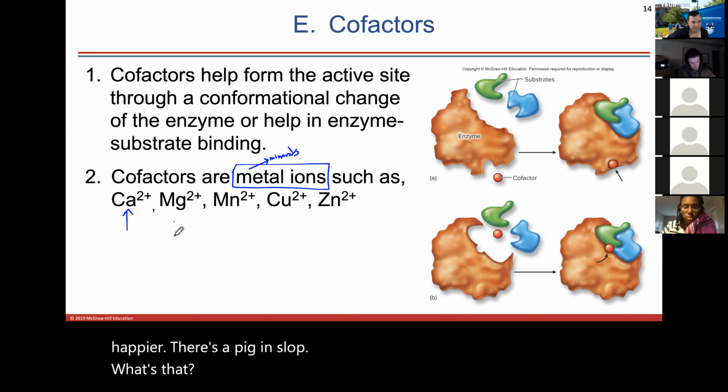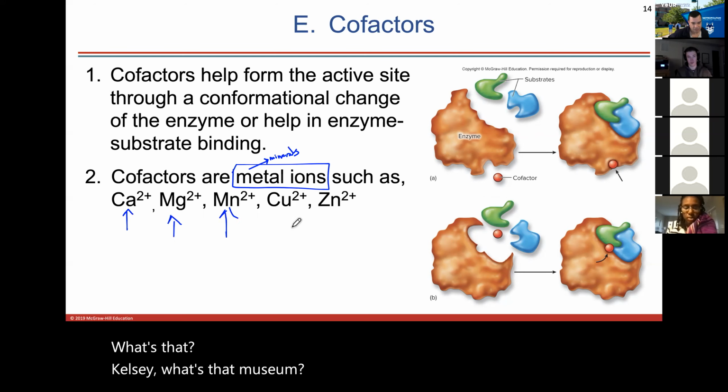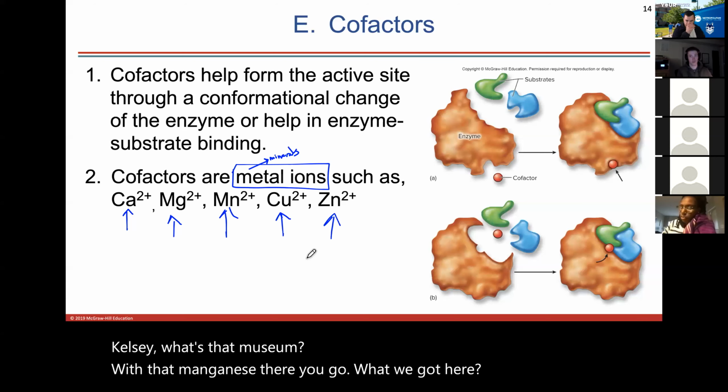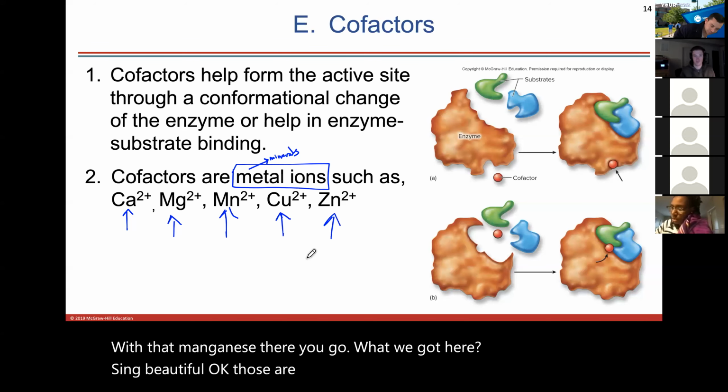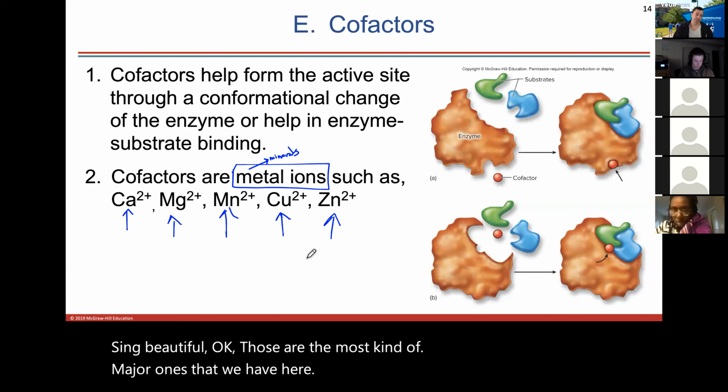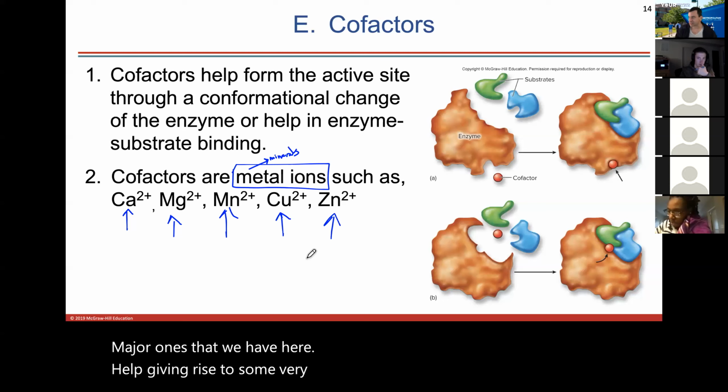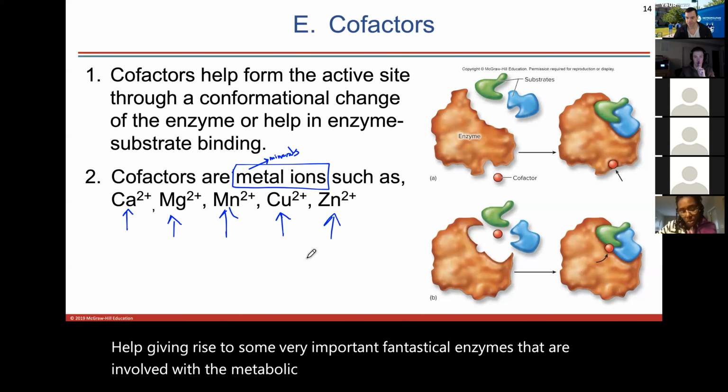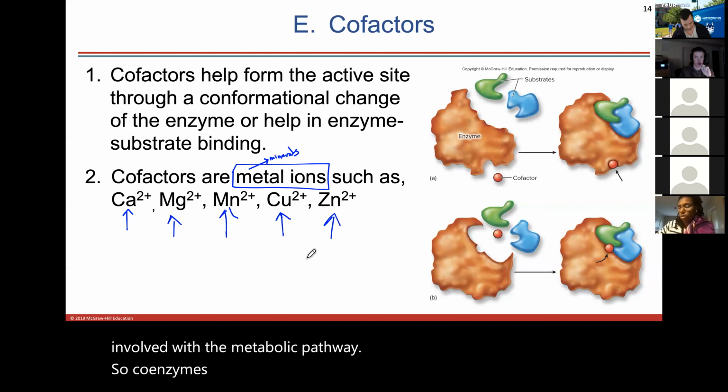Calcium, magnesium, manganese, copper, and then zinc. Beautiful. Those are the most major ones that we have here. They help give rise to some very important enzymes that are involved with the metabolic pathway. So coenzymes are just vitamins and cofactors are just minerals. And that's all you really need to know.